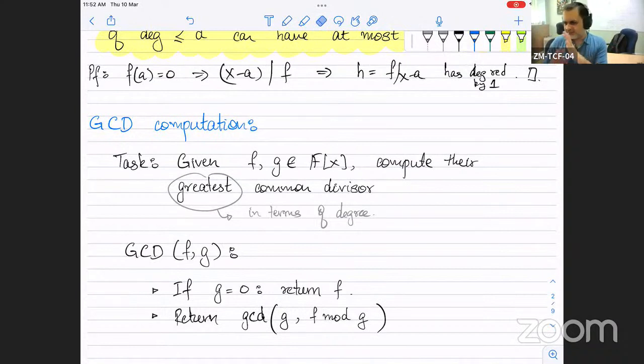Okay, it's an absolutely simple algorithm. You're just continuously replacing the larger degree polynomial by the remainder with respect to the smaller degree polynomial, and you just keep doing this until one of the polynomials becomes 0. Okay, so why is this a polynomial time algorithm? How many times would we have to do this process of replacing it with a remainder?